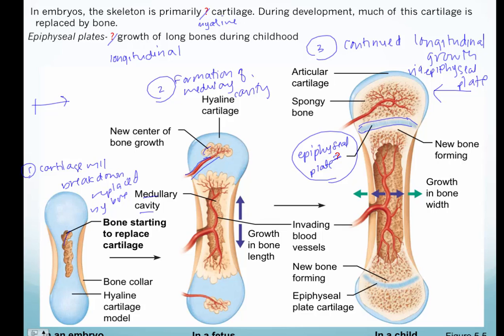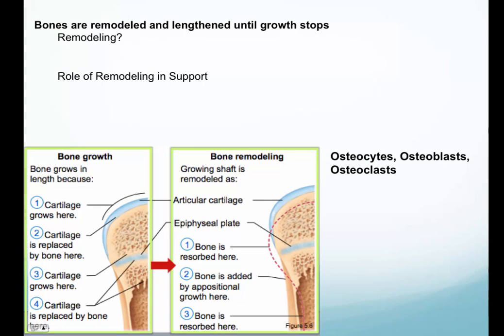Perfect. And now the ability for your cartilage to become replaced by bone is by the action and also the breakdown of more bone. This is by the action of 3 different cells called osteoblasts, osteoclasts, and osteocytes. Before I go over the role of these 3 different types of cells, I want to go over how they're important for this concept of remodeling. And remodeling is the continuous breakdown and reforming of bone tissue.